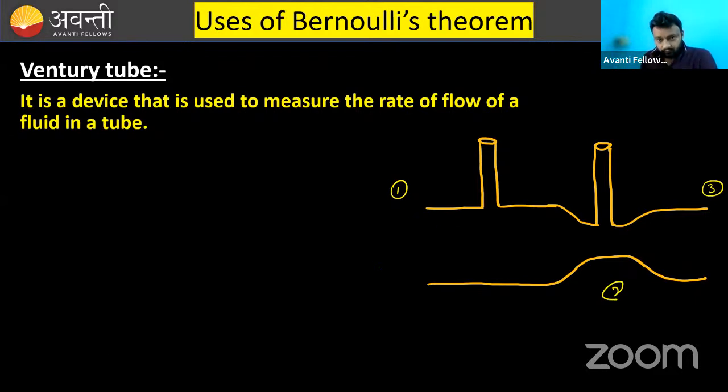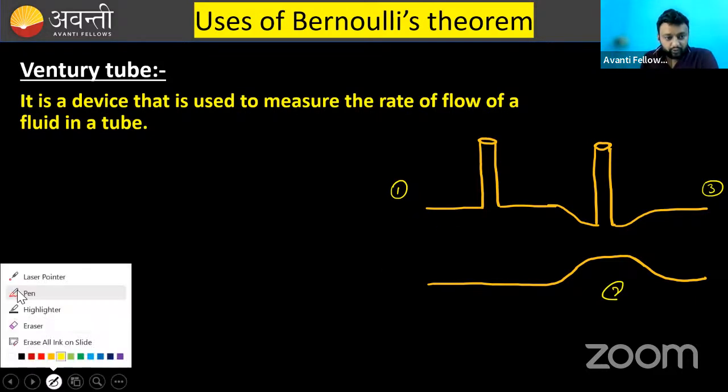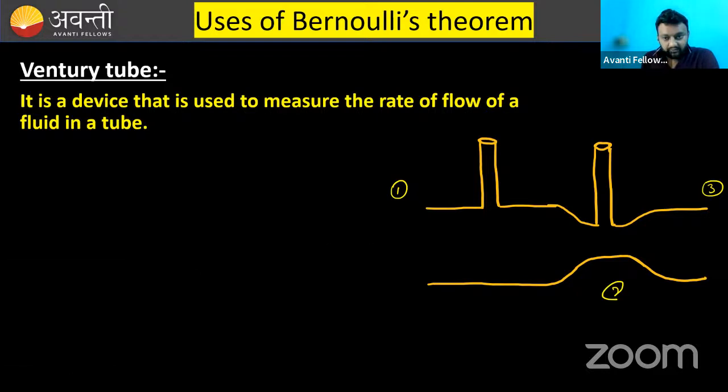Now, what happens? Let's suppose that fluid is entering from this end in the tube. You can notice that this portion of the tube is very narrow. Clear? So I am assuming a few terms.